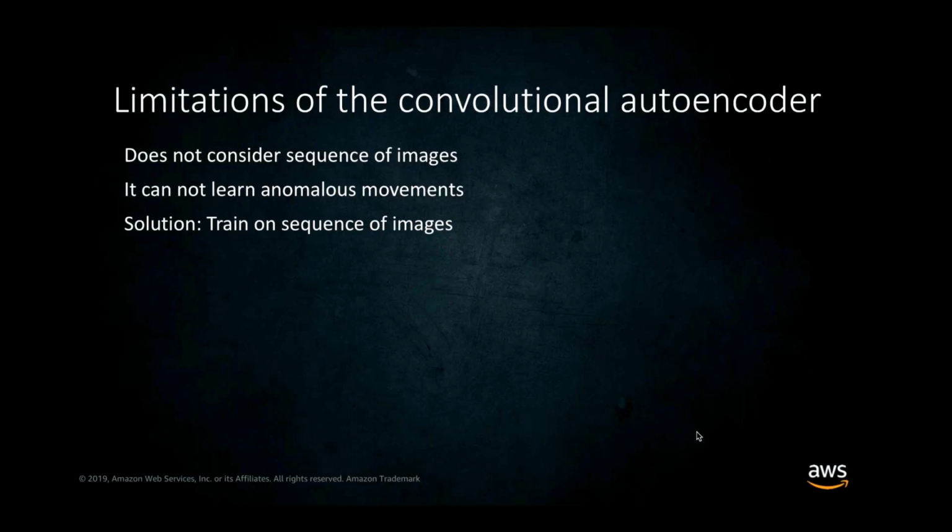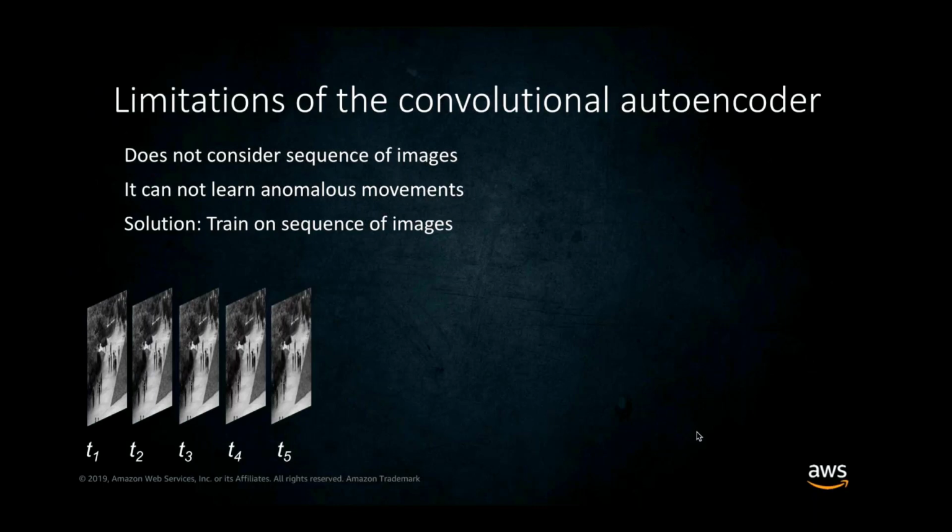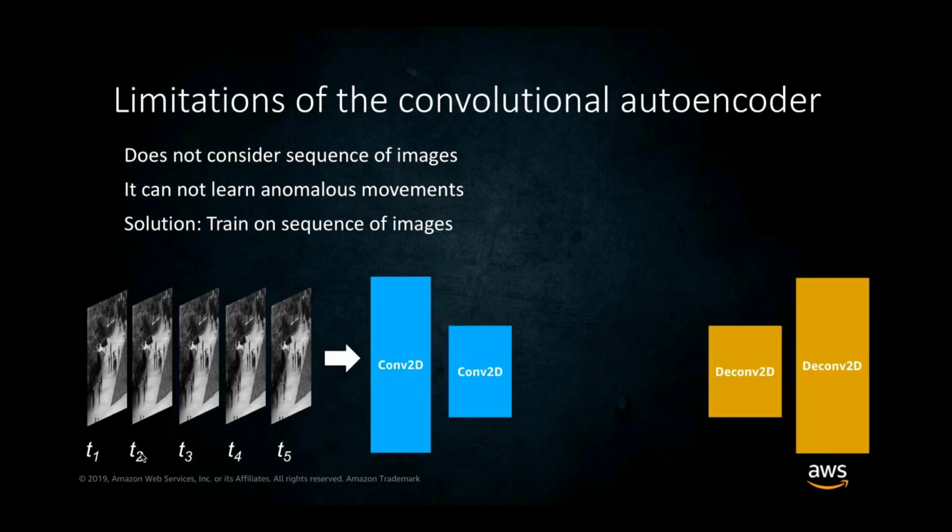We can adjust the convolutional autoencoder so that, instead of taking a randomly sampled set of images, it takes a randomly sampled set of sequences of images. In this case, we make sure that our training dataset consists of sequences of 5 time steps, and we randomly sample from these sequences. Then the autoencoder still has these convolutional and deconvolutional layers, but the bottleneck layer would now consist of a temporal encoder and decoder.